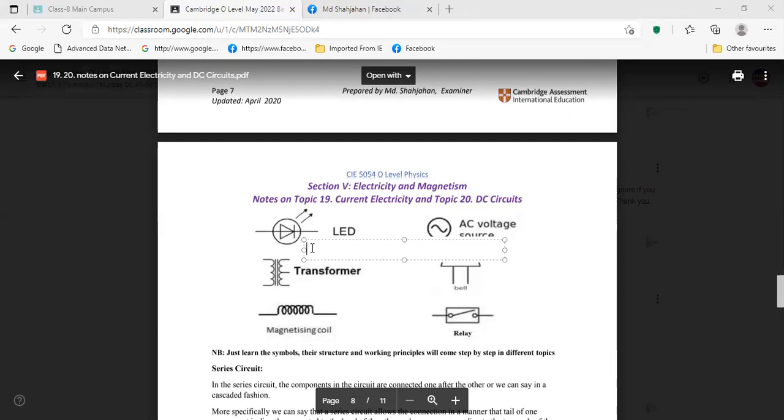If electricity passes through light emitting diode. Okay, AC voltage source, that means alternating current.